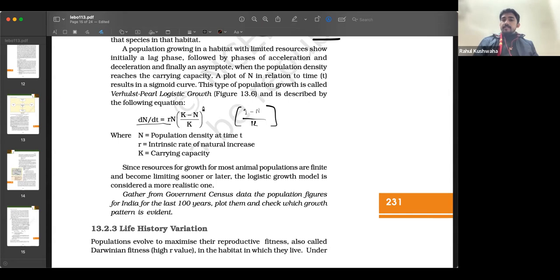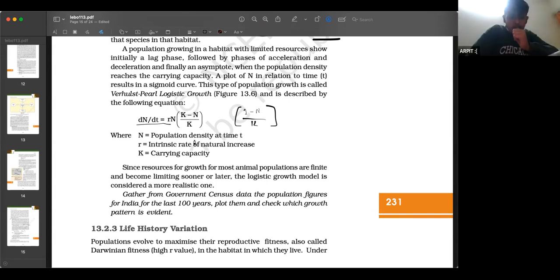N is the population that we are studying at the moment, at time 0 or time 1 or time 2, whatever we take. So this N will keep changing; it can be N0, N1, N2, Nt, whatever. It can go at maximum to K.